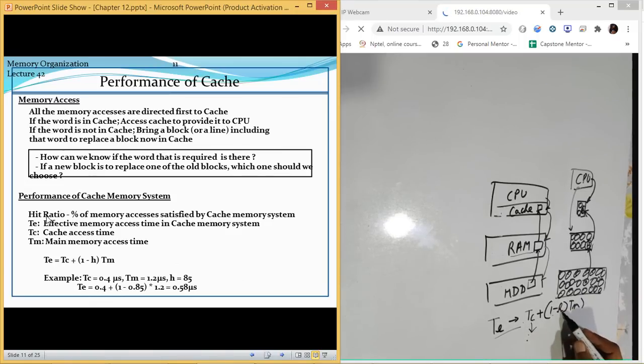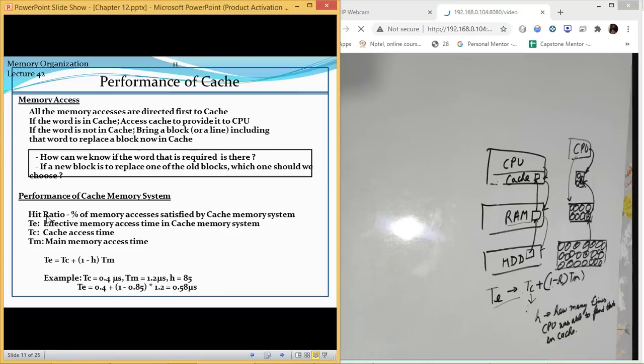That is represented by H. 1 minus H means it is the number of times when your CPU is not able to find the data inside the cache, because H represents how many times the CPU was able to find data in cache, or you can say it is the hit ratio.